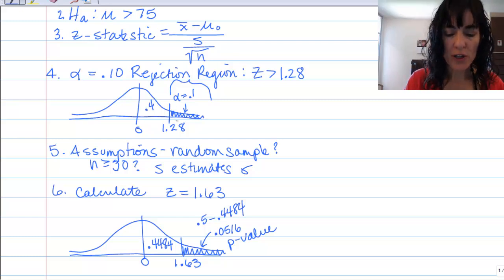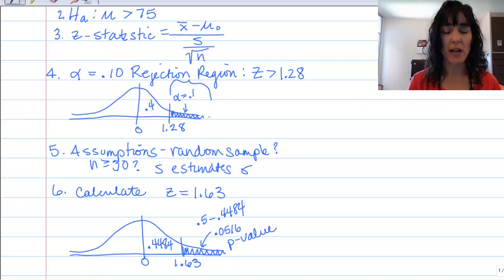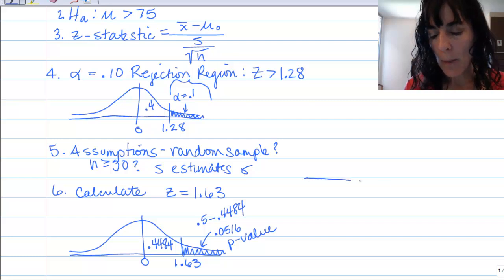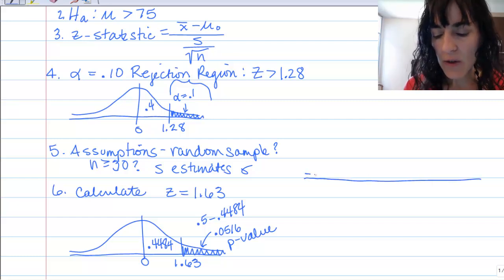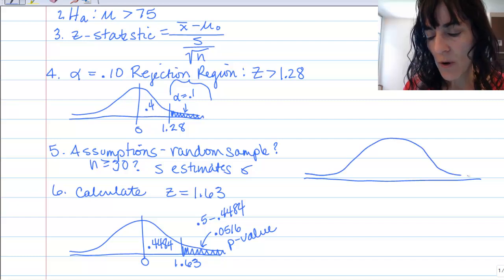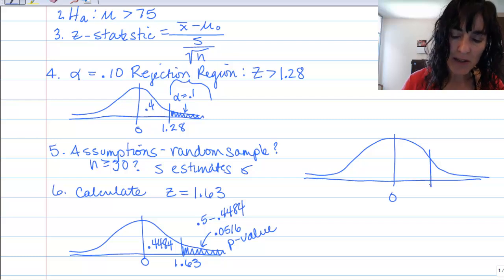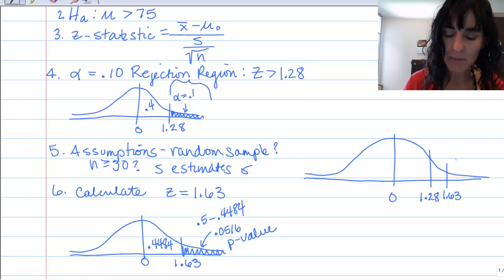Our rejection region is 1.28. So if I merge those two pictures, I'm going to draw it off to the side. I know you were starting to get it, and I just want to reinforce for you that you've got the right idea. Here's my 0, and I know the 1.28 is going to be first, and then the 1.63.